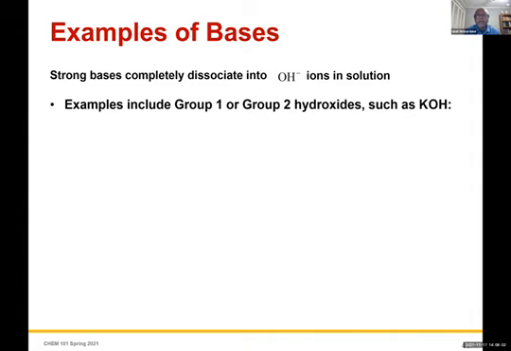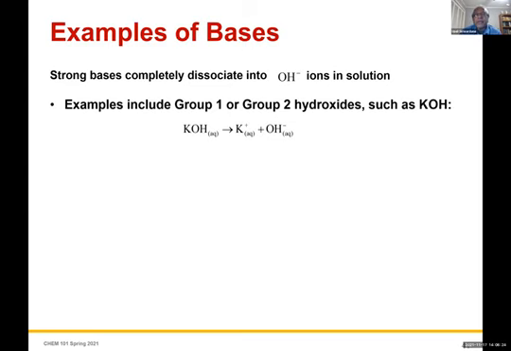Normally they are group 1A, that means lithium, sodium, potassium, and group 2A, which is magnesium, calcium, strontium, barium hydroxides, as examples of group 1A and 2A.